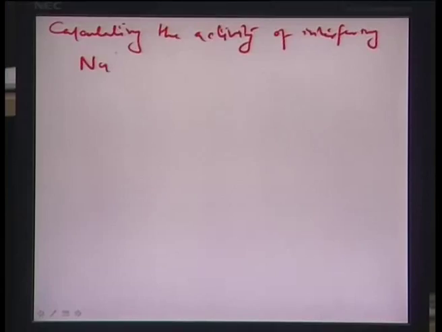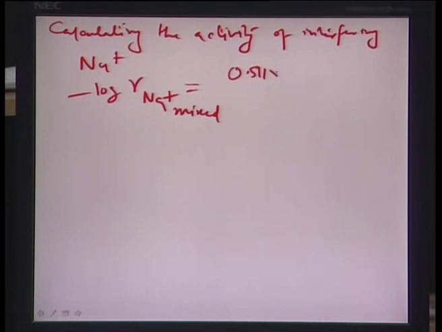So, for the Na+ we have minus log gamma Na+, in the, we call it mixed again because the Na+ is present only in the mixed solution, is equal to 0.511 A parameter times Z square. Z in this case is +1 because Na is a univalent ion.